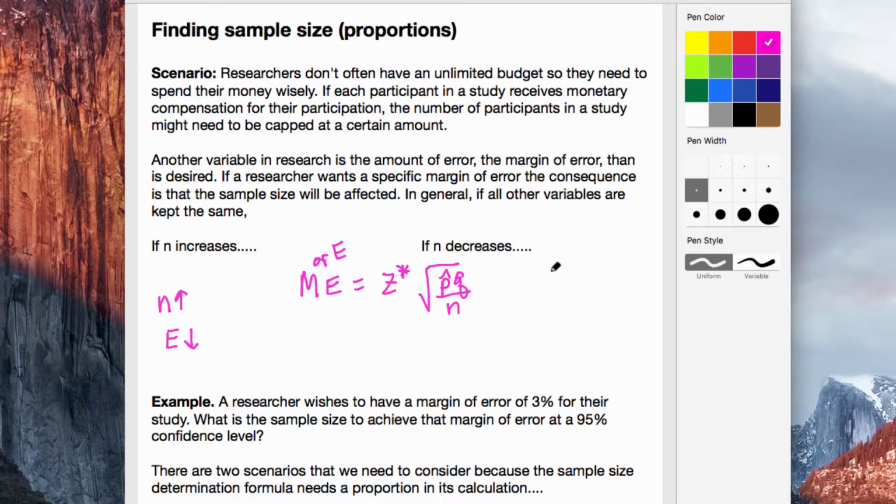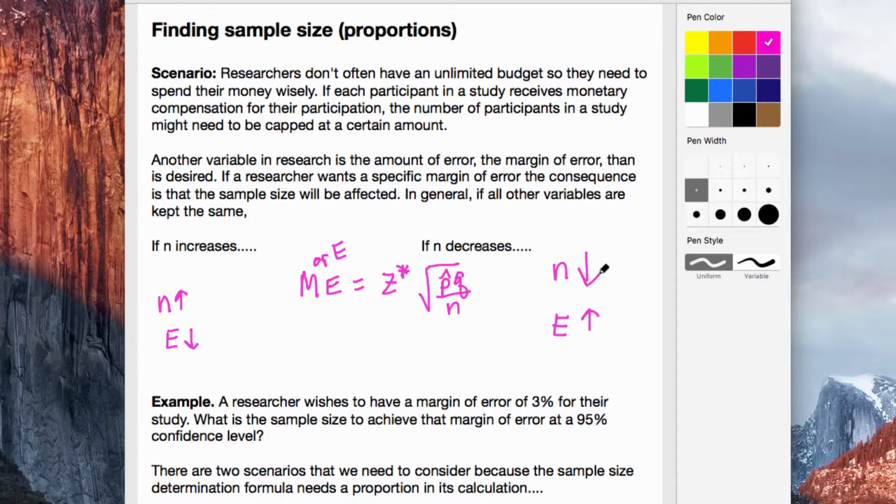Now the opposite, if n decreases, n goes down. So instead of 100 people at the party splitting up the pizza, now you only have 10 people. Well, there's fewer people, so everyone gets more pizza. When you divide by a smaller number, this answer is going to go up, so your margin of error goes the opposite direction. E is going to increase.